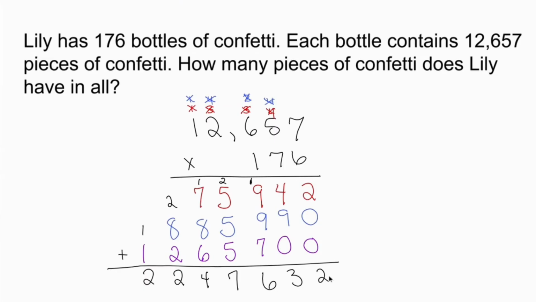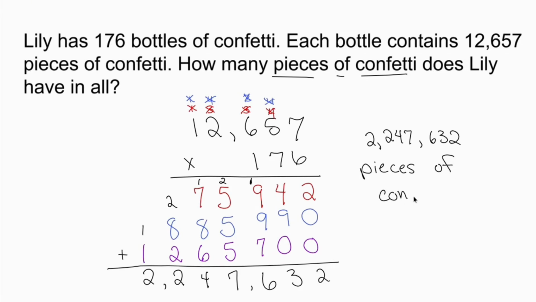Go from the right, 1, 2, 3, comma, 1, 2, 3, comma, and the number that we get is 2,247,632. Now this is a word problem, and it's asking how many pieces of confetti does Lily have in all. She has 2,247,632 pieces of confetti. That's a lot. And that's our answer.